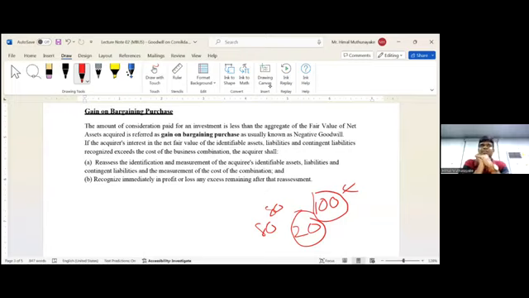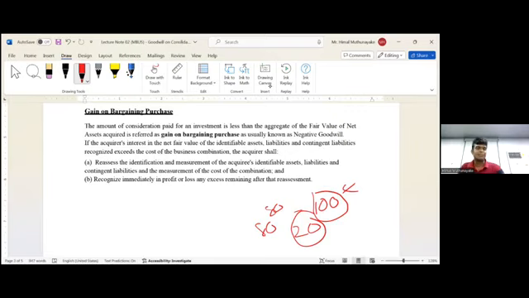What are the other aspects? For example, I can't bargain if I'm going to buy, let's say, JK group, or the Cinnamon Lakeside hotel. I can't bargain because they are actually doing well, right?